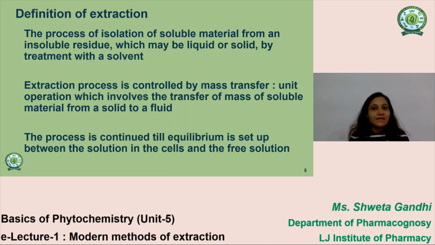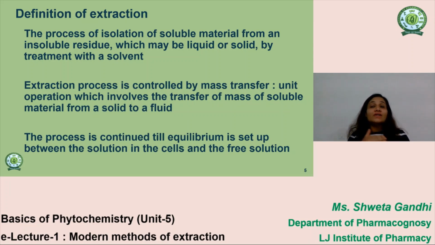I am repeating, it is the isolation of soluble material from an insoluble residue, which may be liquid, which may be solid. But while doing extraction we need a solvent for extracting any crude drug. So extraction means the process of isolation of soluble material from an insoluble residue.